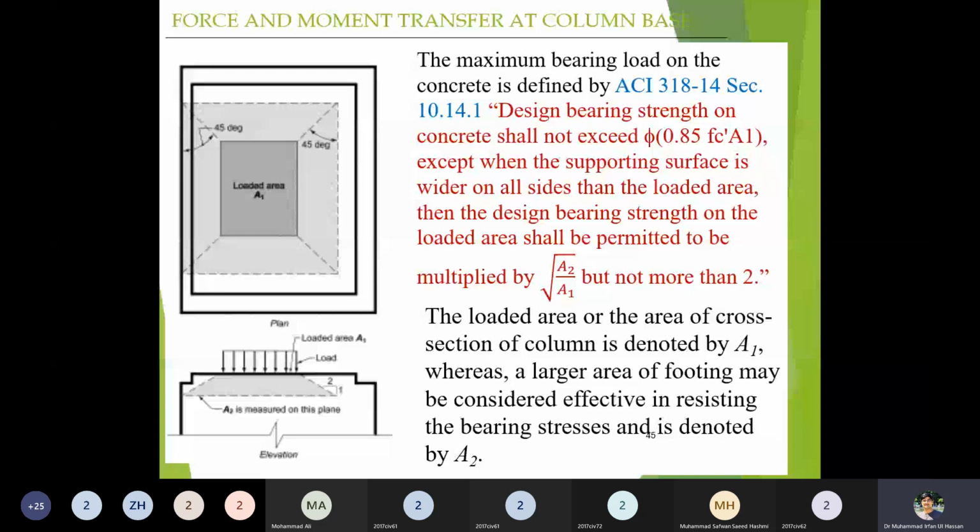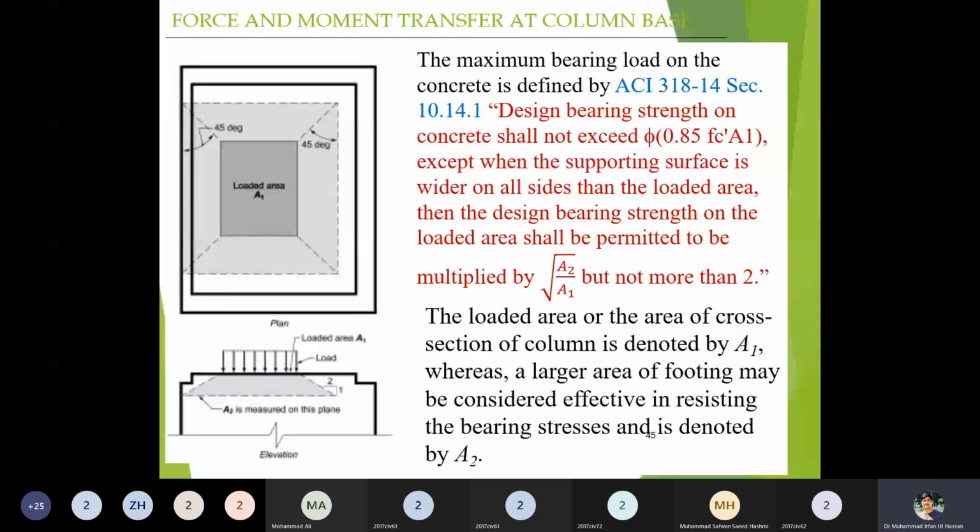So what is A1 and what is A2? First we have to see what is the capacity of the footing and the column to take the column load, and if the capacity is lesser, then we have to provide more dowel bars. So to find out the capacity, we need to find the areas A1 and A2.